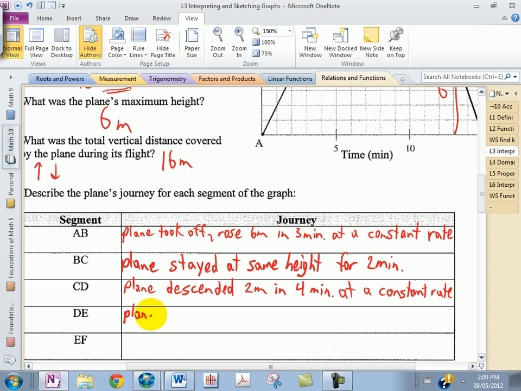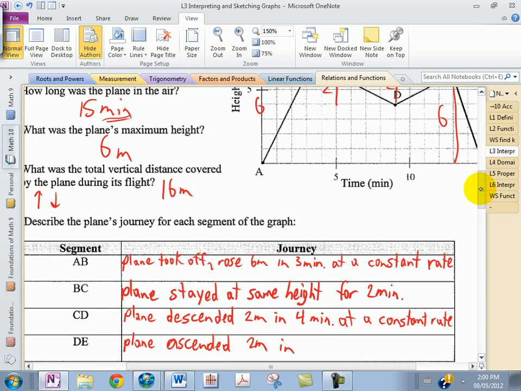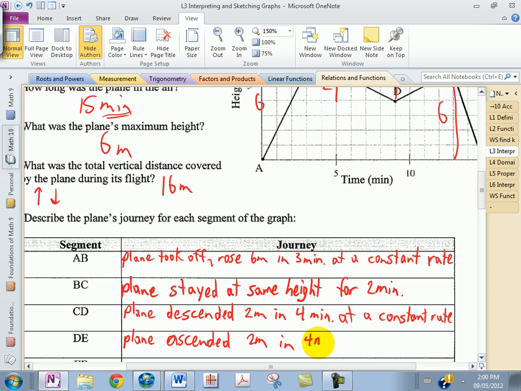So we should say the plane rises or rose, okay, or ascended is a good math word. Ascended 2 meters in how many minutes? 4 minutes. And let's describe the line. Straight or curved, and what does it mean? Straight line, so at a constant rate. So the slope is the same throughout that entire line.